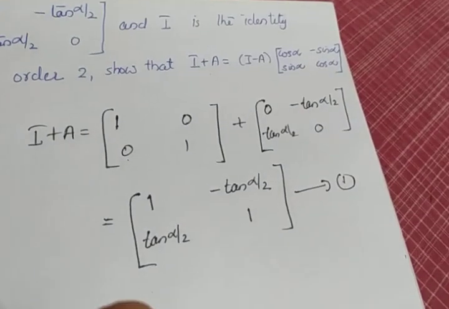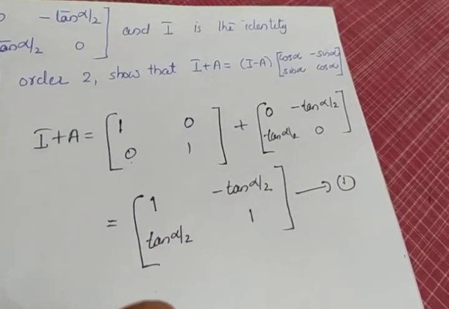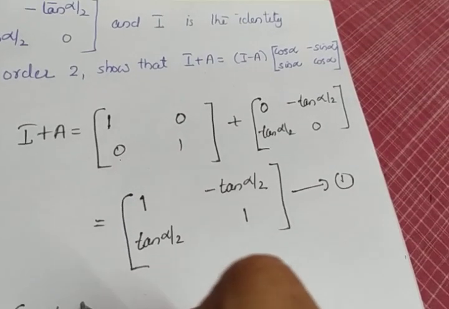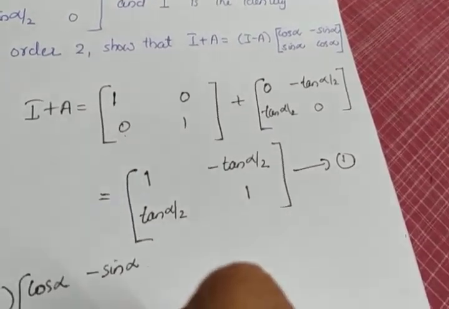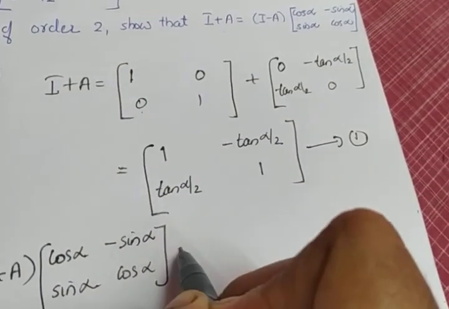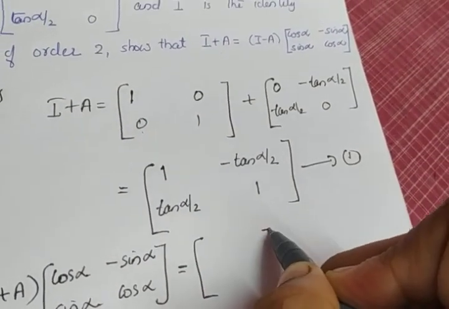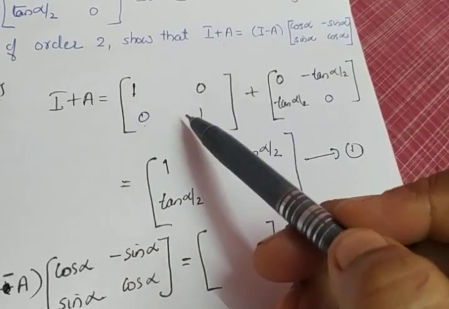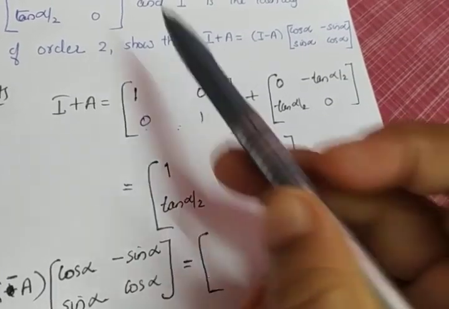Again take RHS. What is RHS? RHS is I minus A into the matrix given, [cos alpha, minus sin alpha; sin alpha, cos alpha]. Sorry, it is not I plus A, it is I minus A. So I minus A will be this identity matrix minus the given matrix.